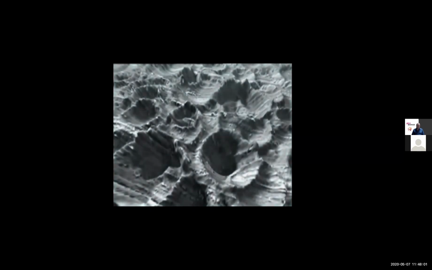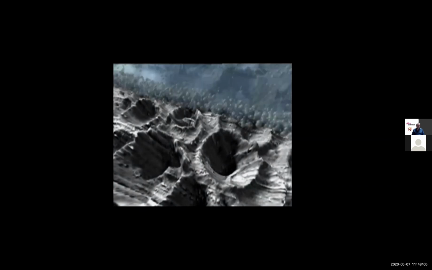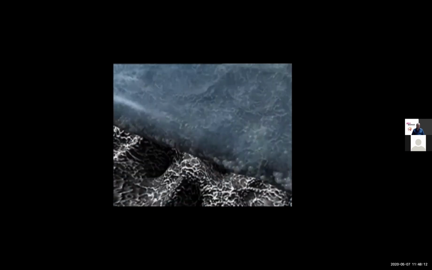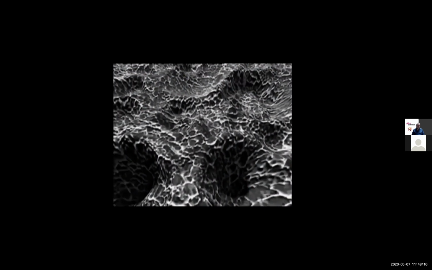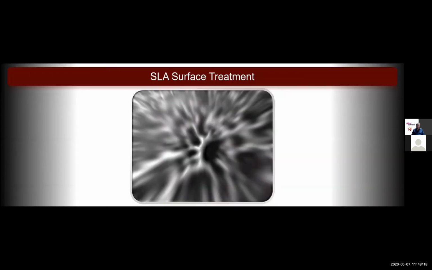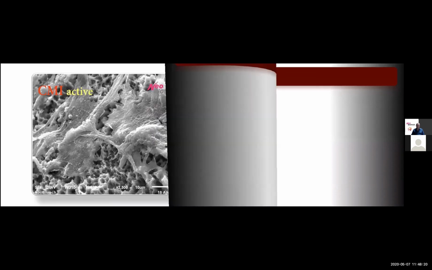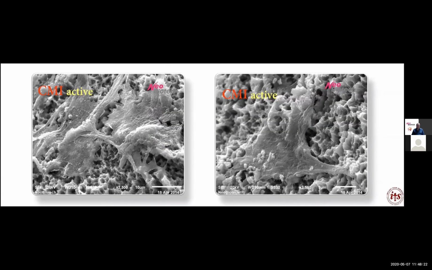Once the surface roughness is increased, we're going to add acid etching. So the SLA surface is a combination of the sandblasting and also the acid etching. And the SLA surface on an active implant is now, I think, the new standard that we're going to be using in implant dentistry.